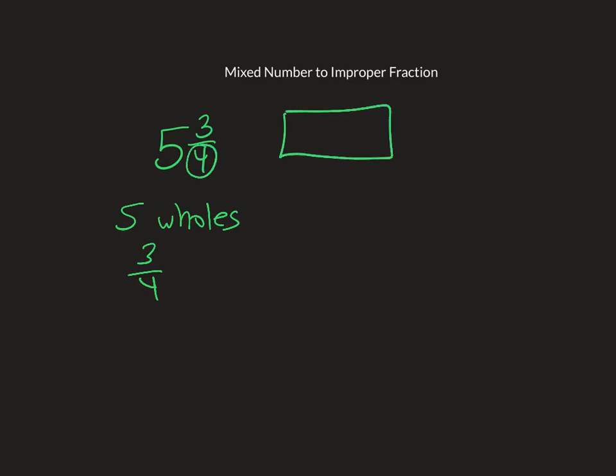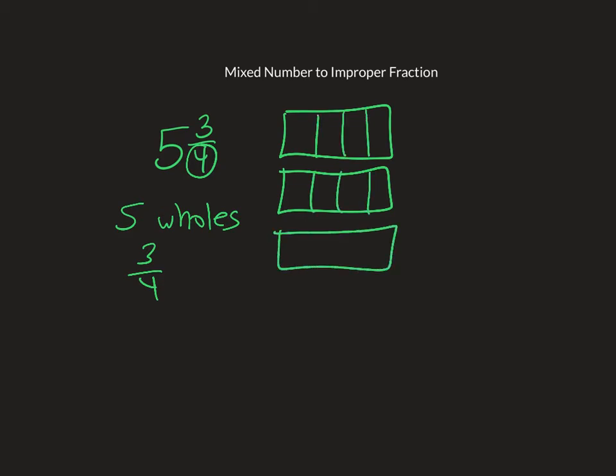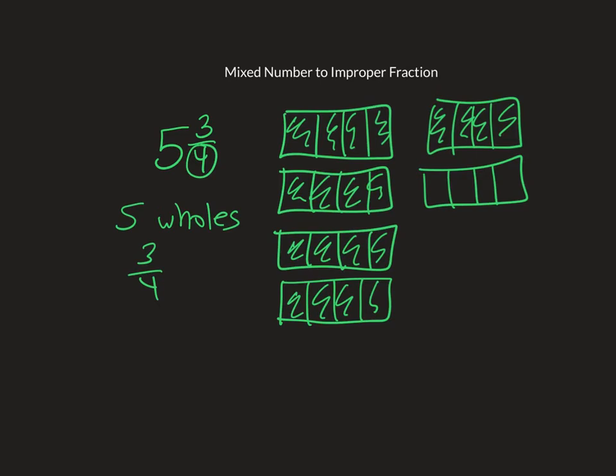So if we wanted to, we could have 5 wholes, 1, 2, 3, 4, 5, and 3/4 of the next whole, which would give us how many fourths? Right, it would give us 23/4. But of course, that is definitely not the most efficient way to do it.